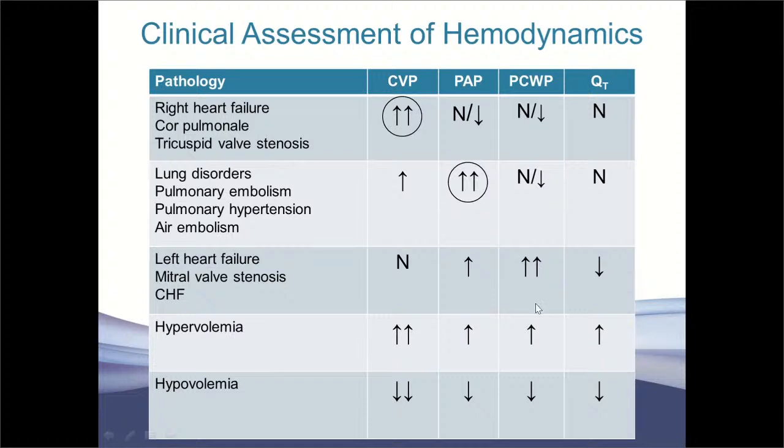Where's my next circle on my double arrows? Right here. Well, I said, okay, if I've got a problem with my pulmonary capillary wedge pressure, what kind of problem do I have? I said I had a left heart problem. What are examples of left heart problems that are going to be on this test? Here they are. Left heart failure, mitral valve stenosis, and CHF.